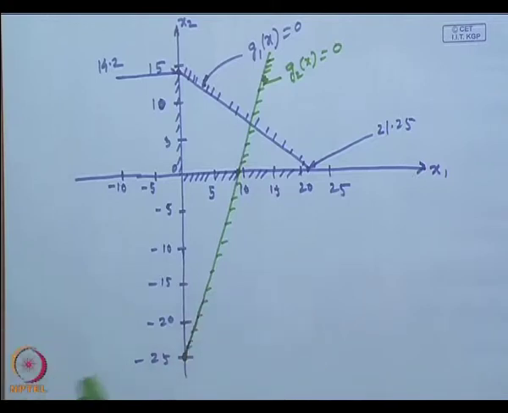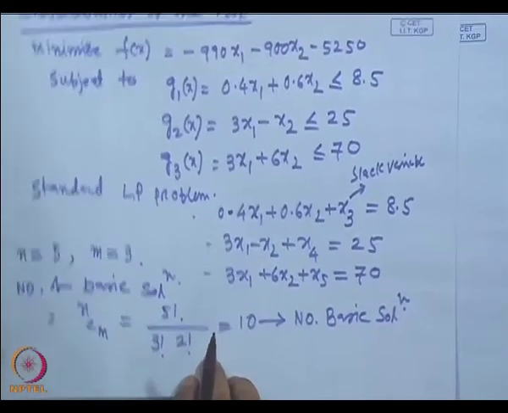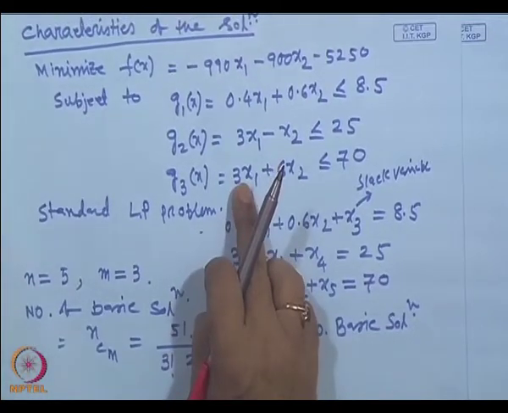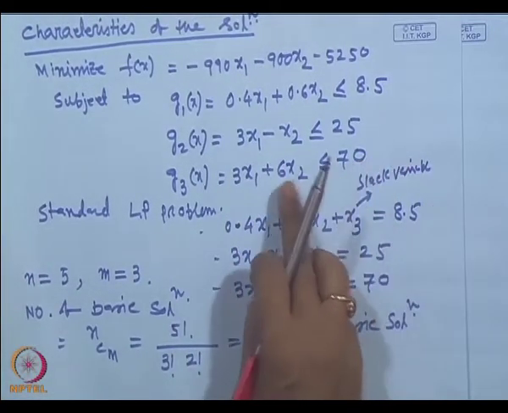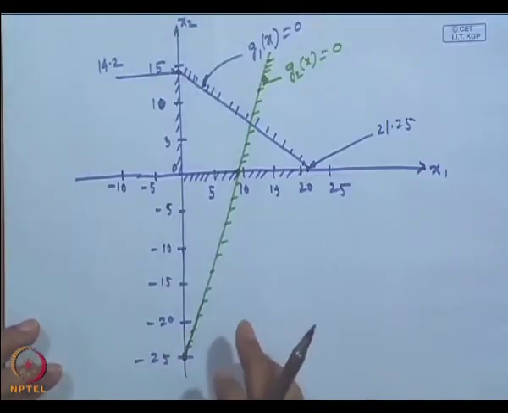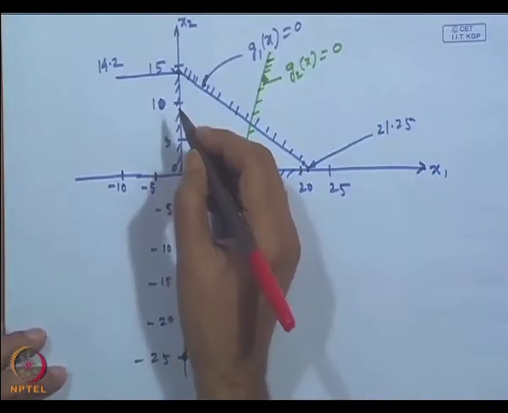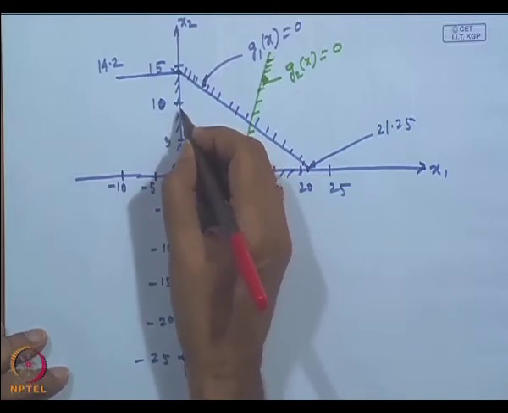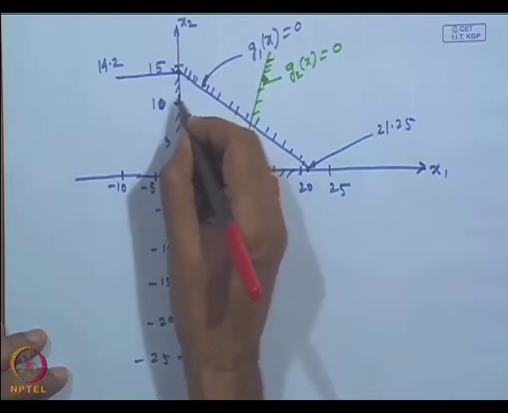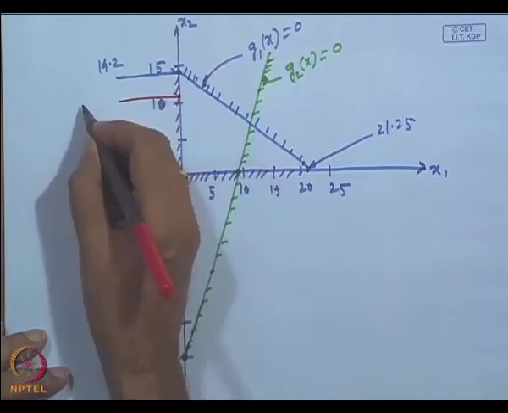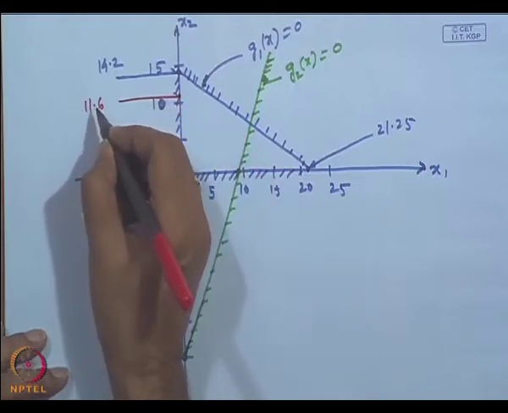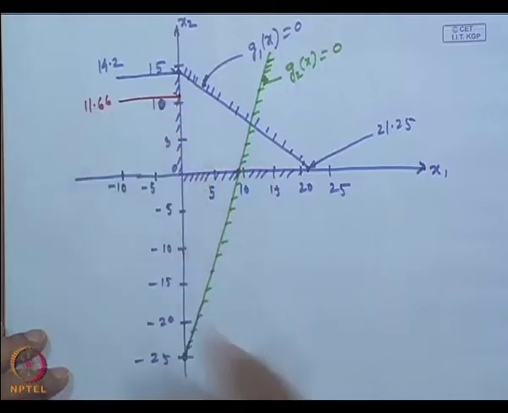Now you plot g 3. When x 1 is 0, x 2 will be 70 by 6, which is about 11.66. So, this point is 11.66.